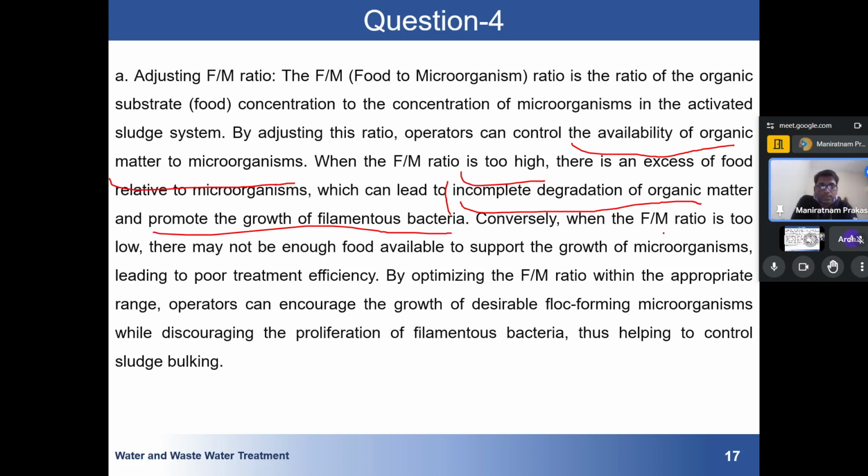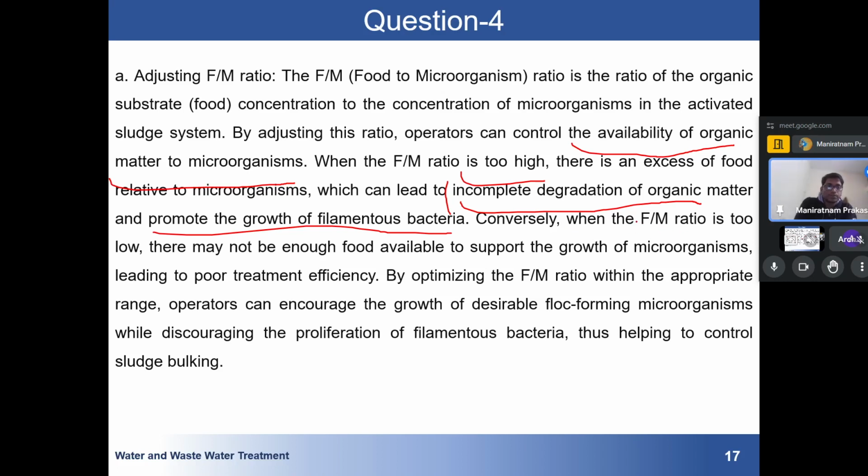Conversely, now imagine what is happening when the food to mass ratio is too low, meaning food is very low and microorganisms are very high. There may not be enough food available to support the growth of microorganisms, leading to poor treatment efficiency. Sorry, I was saying the opposite thing.